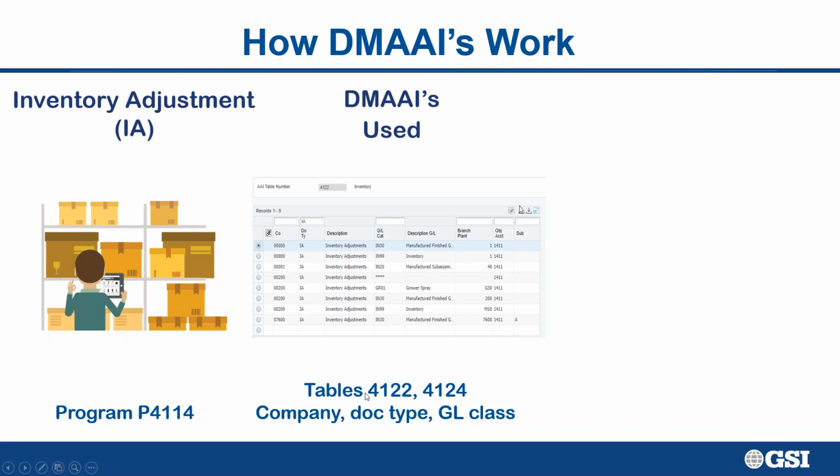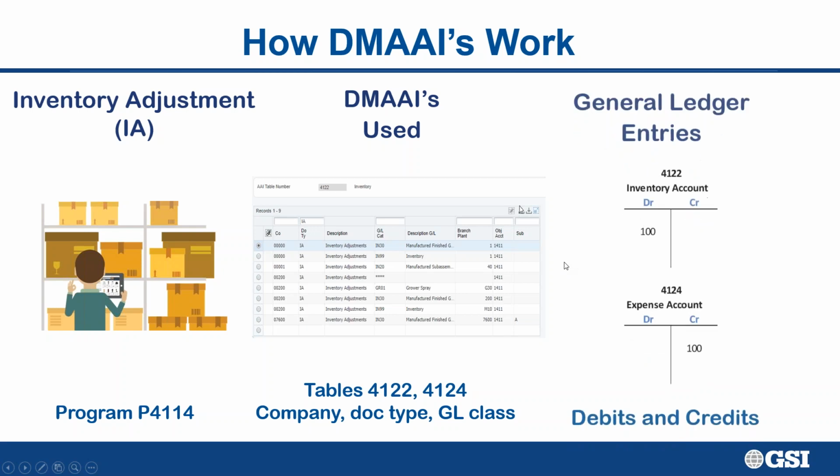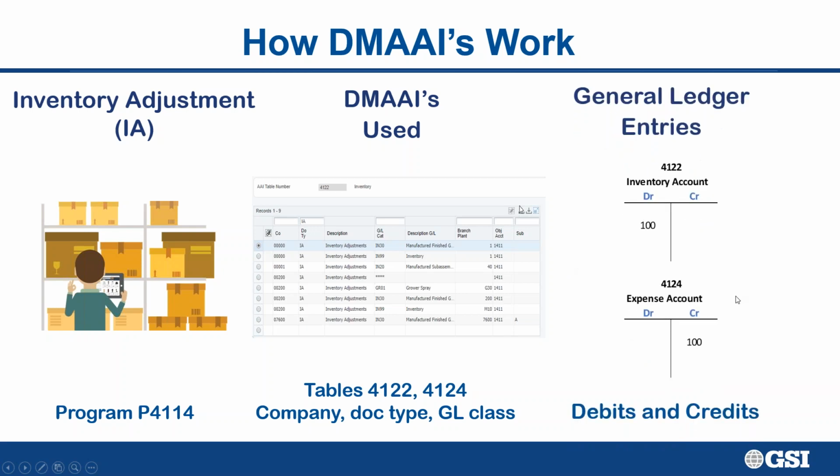Now I need to use DMAAI tables 4122 and 4124 to go get my account numbers in order to make the journal entries. So once I've fetched those account numbers, now I can go ahead and I can apply the debits and credits to the general ledger.